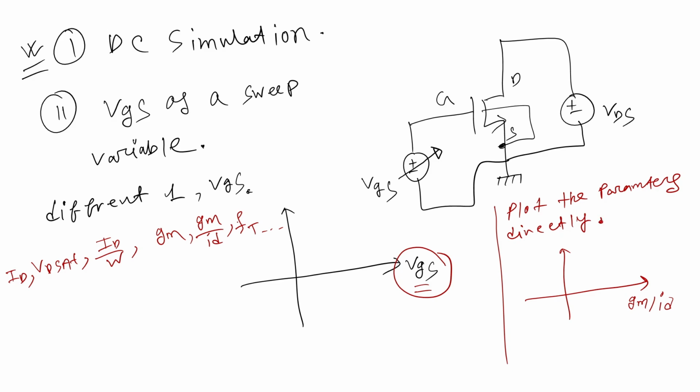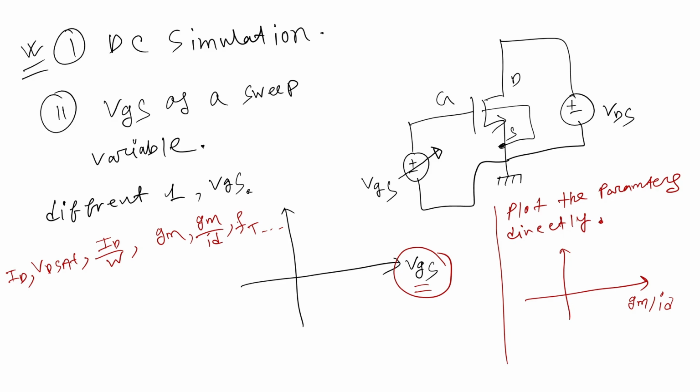So we need to do some technical processing, or somebody may prefer Ocean scripting, and by using Ocean scripting you can generate the values of the MOSFETs and plot your data file by using MATLAB.